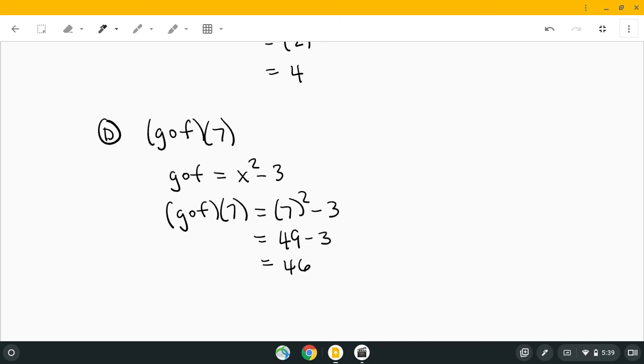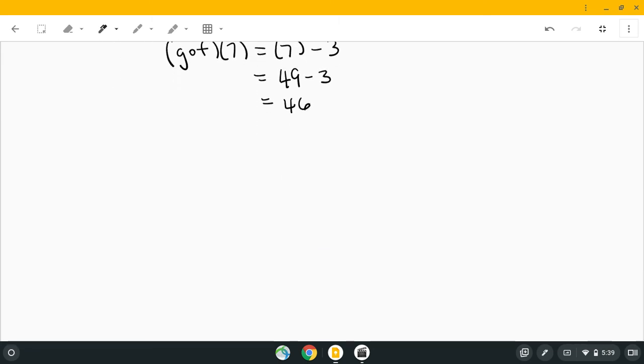All right, let's go ahead and do this with different other functions. Okay, so let's use f of x equals square root x, g of x equals square root of 2 minus x.